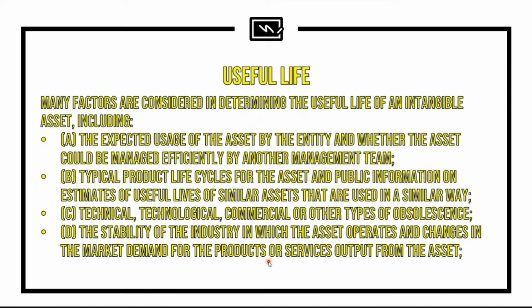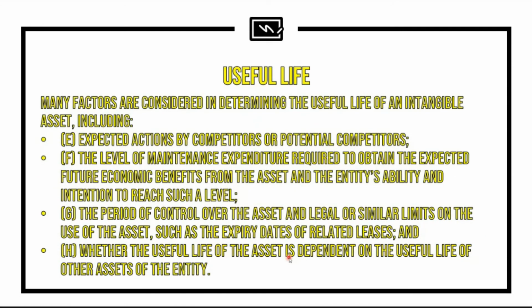So, of course, similar to the product life cycle, the demand can also be a basis of the useful life of the intangible asset. Letter E, we have expected actions by competitors or potential competitors. So meaning if, for example, even if you think that you can use the asset for 10 years, if you expect that your competitor will be able to develop a more competitive patent or more competitive intangible asset in 5 years, then the useful life of your intangible asset is only 5 years and not 10 years.